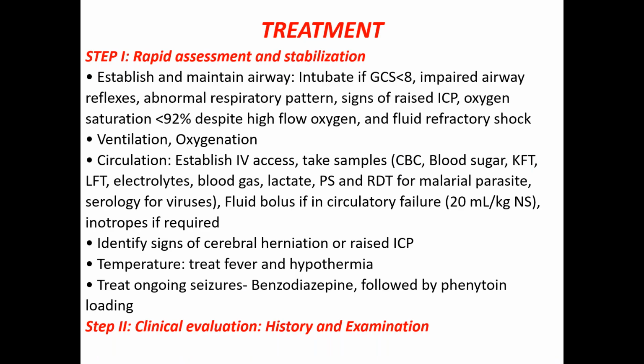So how do we treat? First, we look for features of increased ICP. If the patient's GCS is low, we intubate the child, especially if the patient has impaired reflexes, abnormal respiratory pattern, increased ICP, or desaturation. Then we look for ventilation abnormality. If the patient is having desaturation, you have to intubate.